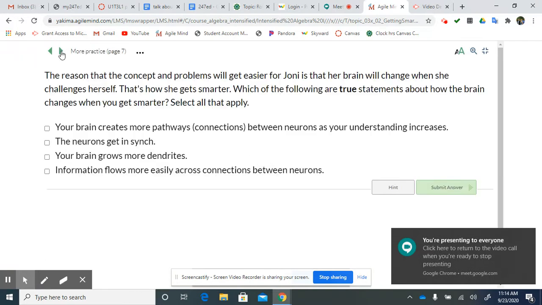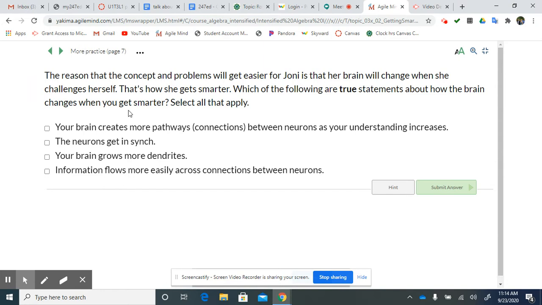Okay, for number 7, the reason that the concept and problems will get easier for Joni is that her brain will change when she challenges herself. That's how she gets smarter.